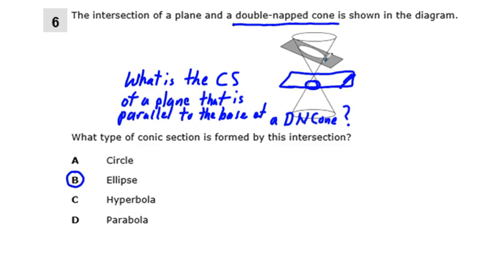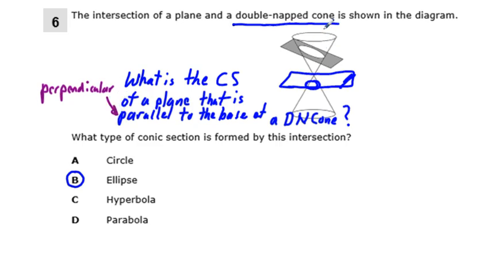Another type of question you can be asked, the same as this one, the parallel cone question, is what if it says perpendicular instead of parallel?